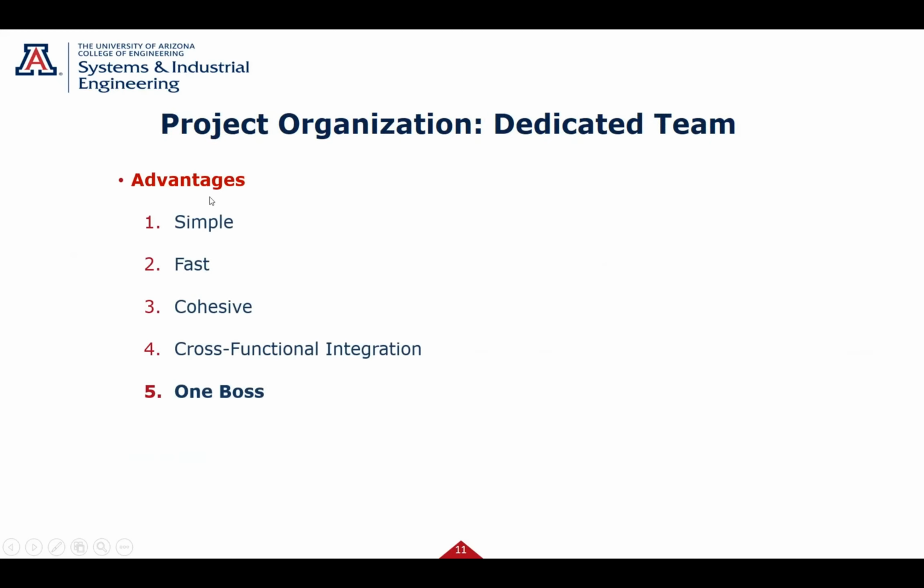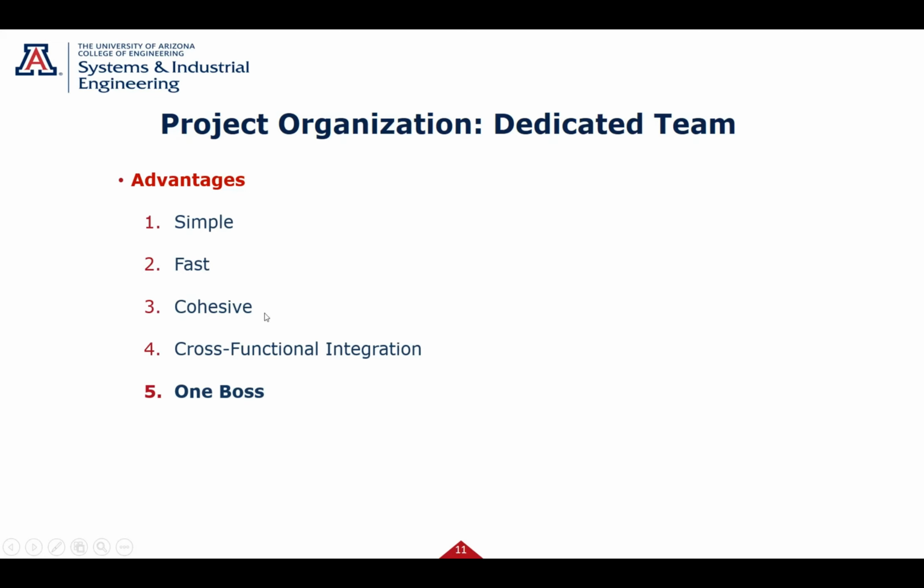So let's look at some of the advantages and disadvantages here. This is pretty simple and straightforward. Every project has its team. That's nice. It's fast because that project manager has control of that team, and it's built of cross-functional people, and it's going to do exactly what he or she wants done on that project.